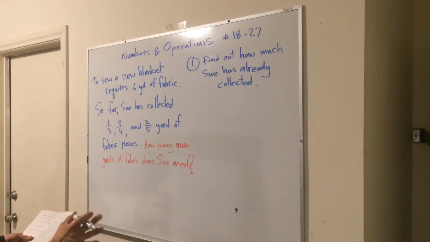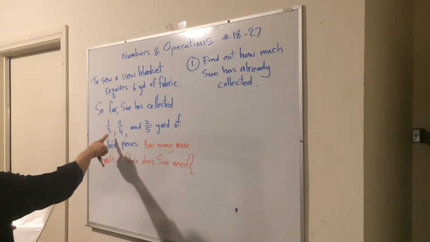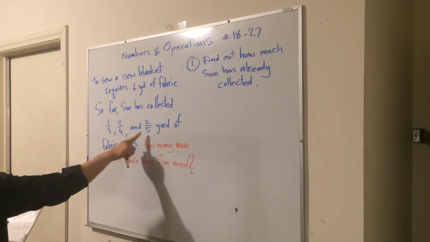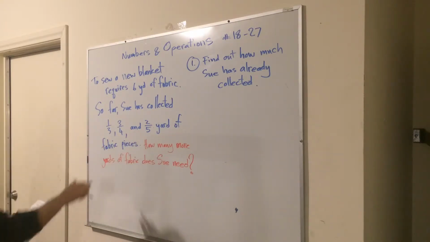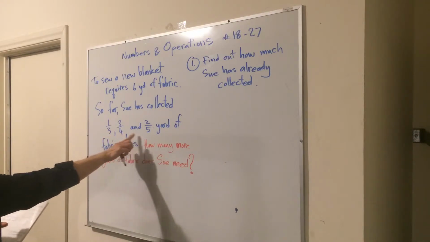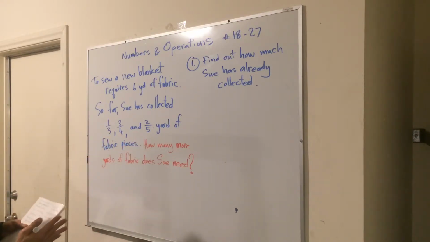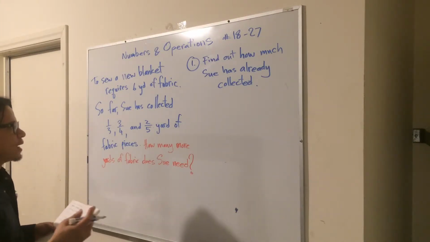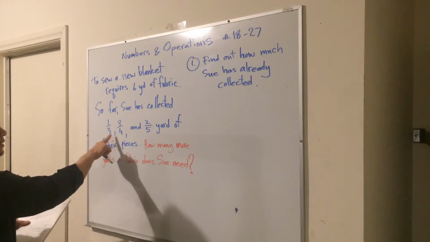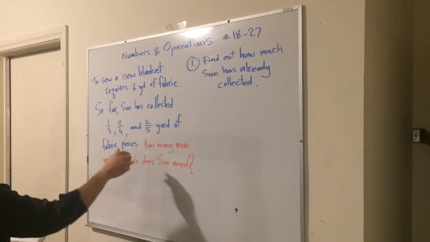If you say add, you are correct. Now, you are going to add 1/3 plus 3/4 plus 2/5, right? The problem is that their bottom numbers, their denominators, are different. So we need to make them the same. To do that, let's find the least common multiple of these 3 numbers, 3, 4, and 5.